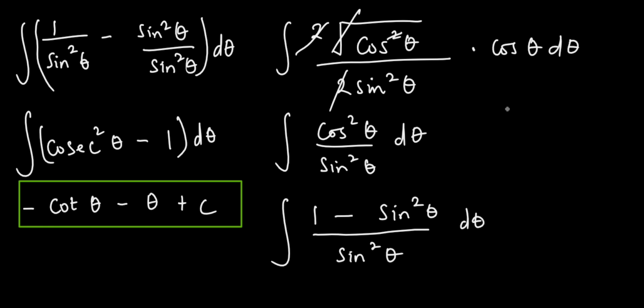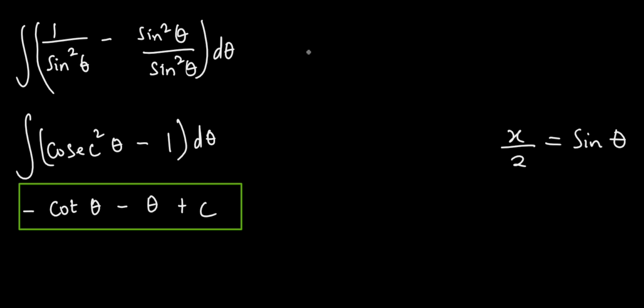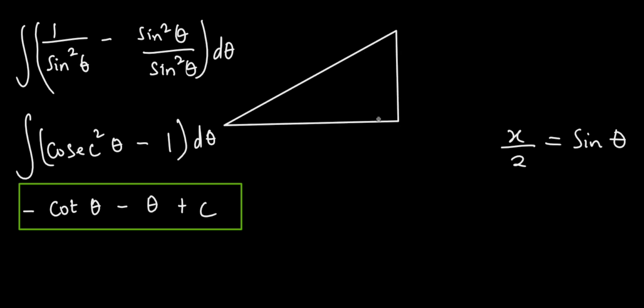Recall that we said x is equal to 2 sine theta. Then if x is equal to 2 sine theta, x over 2 will be equal to sine theta. So let's draw our right angle triangle. Let's say this is our angle theta.